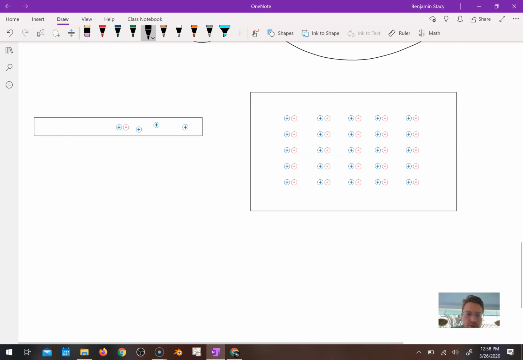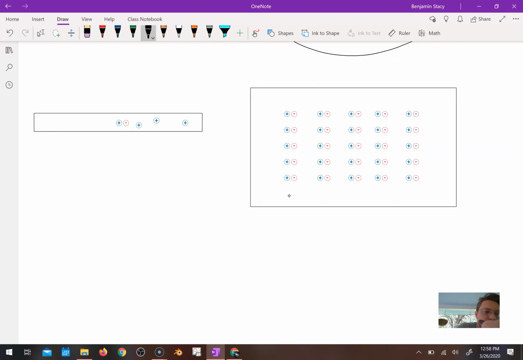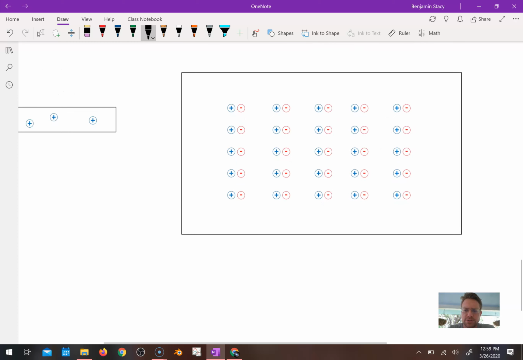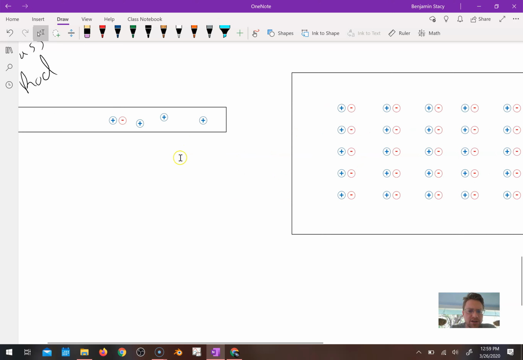We could do the same thing with, say, a glass rod. Maybe this is a glass rod which is happy to give up some of its electrons and become positively charged. So we bring that close to our neutral material, still the same neutral material with the same number of pluses and minuses. What's going to happen here? We've got an excess of positive charge.